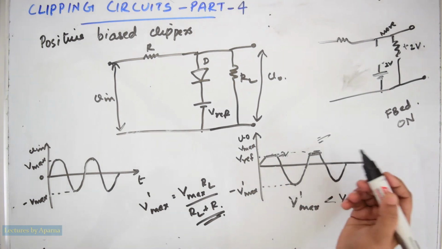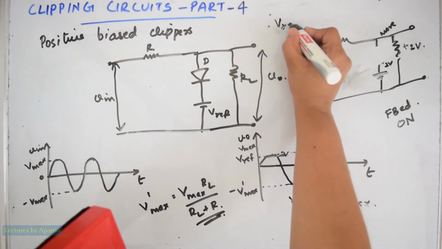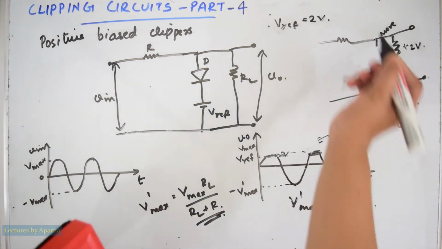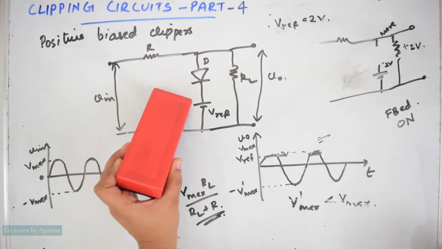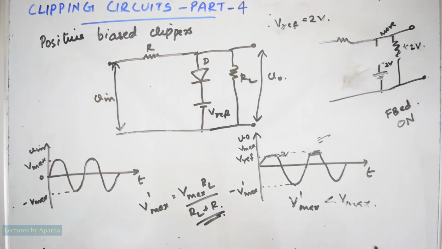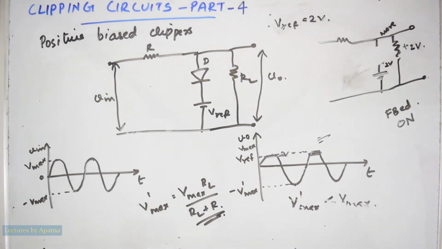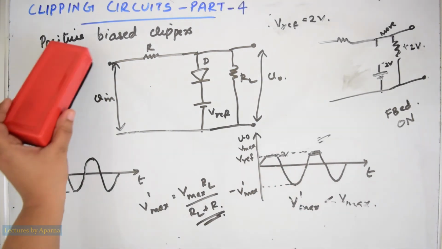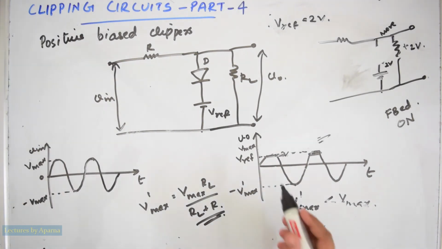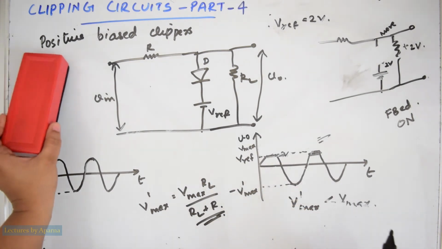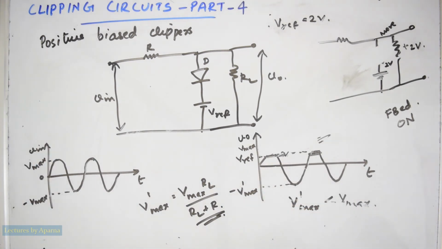So here I have taken V reference equal to 2 volt. Depending on this battery that is connected here, we can decide the region where the input wave should be clipped off, and hence it is called a biased clipper, and it is clipped in the positive half cycle, and hence it is a positive biased clipper.